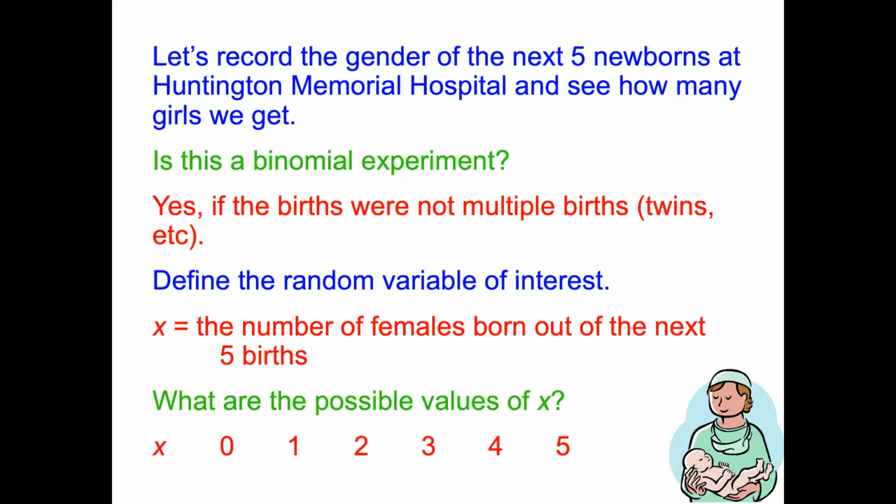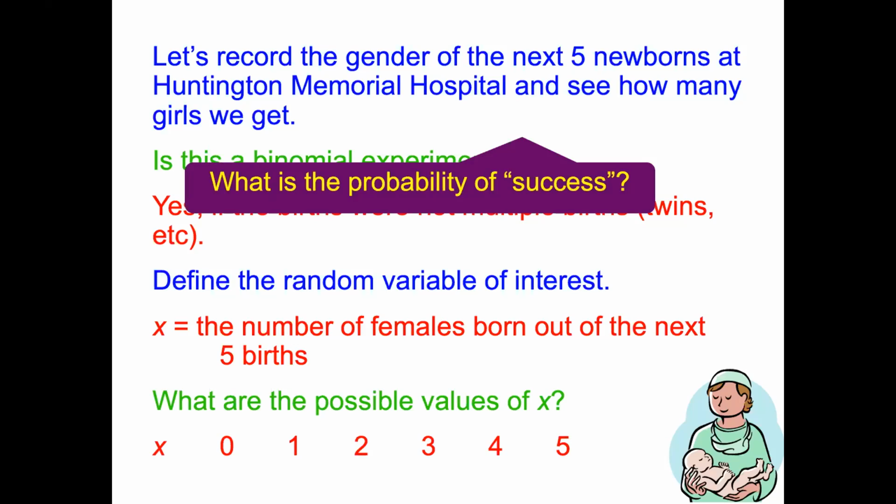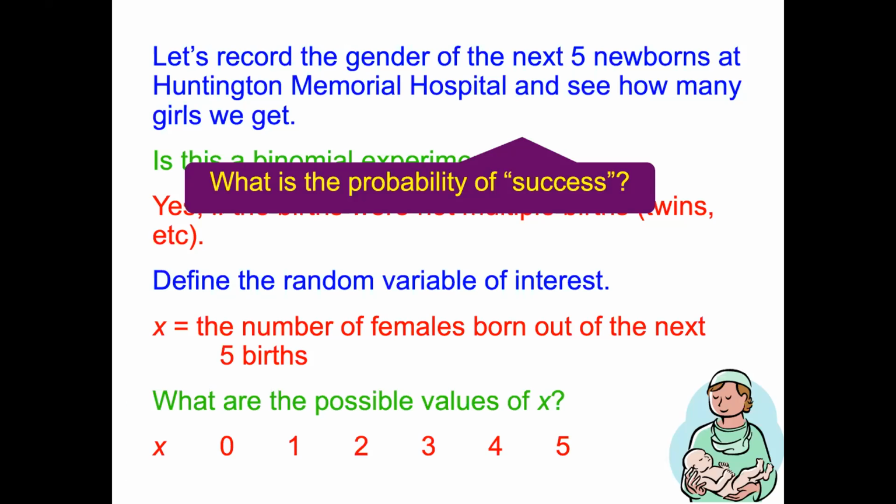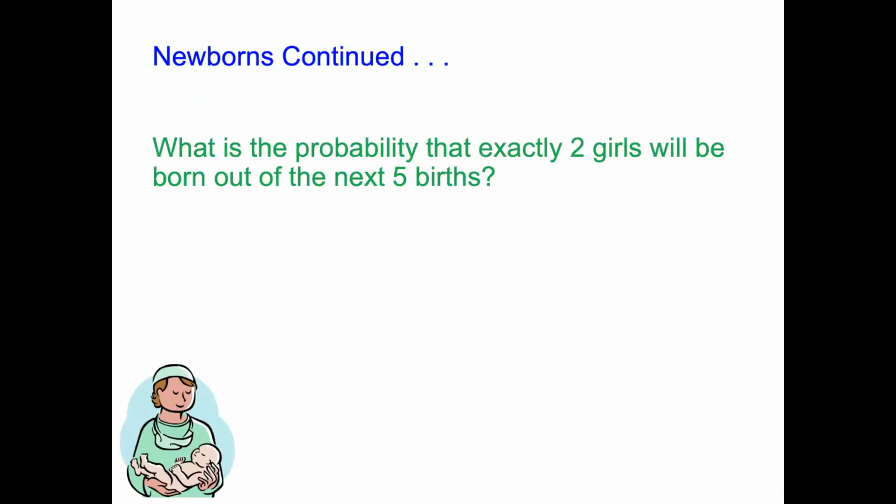Okay, so let's get into some probability. The probability of success in this case we said was 50%. But we want to know, what is the probability that exactly 2 girls will be born out of the next 5 babies? So at Huntington, if we look at 5 babies, what's the probability that exactly 2 of them will be girls?